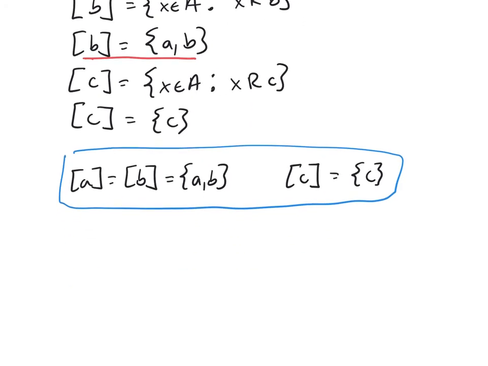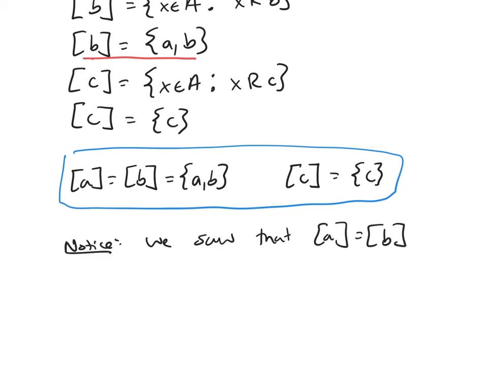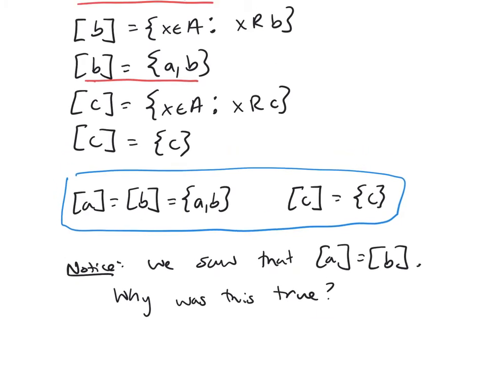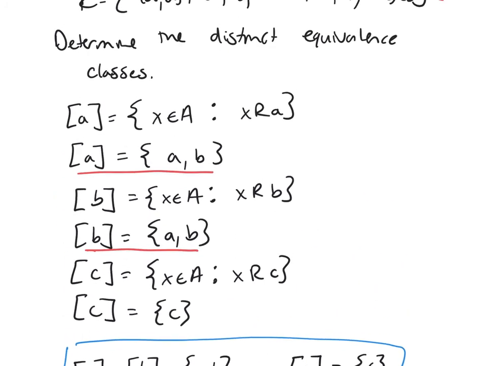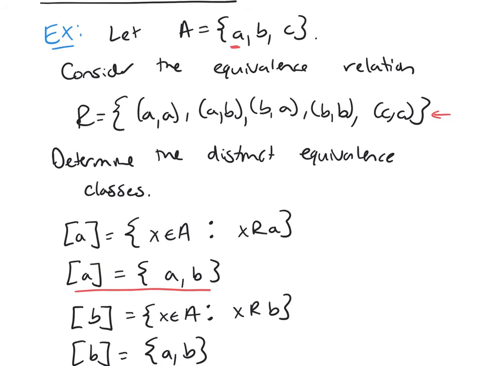But one thing I want us to discuss is what happened in this last example. Notice that the equivalence class of A was equal to the equivalence class of B. And so we can ask, why was this true? Why were the equivalence classes the same? Well, it's because if you look up here in my relation, A and B are related to each other.